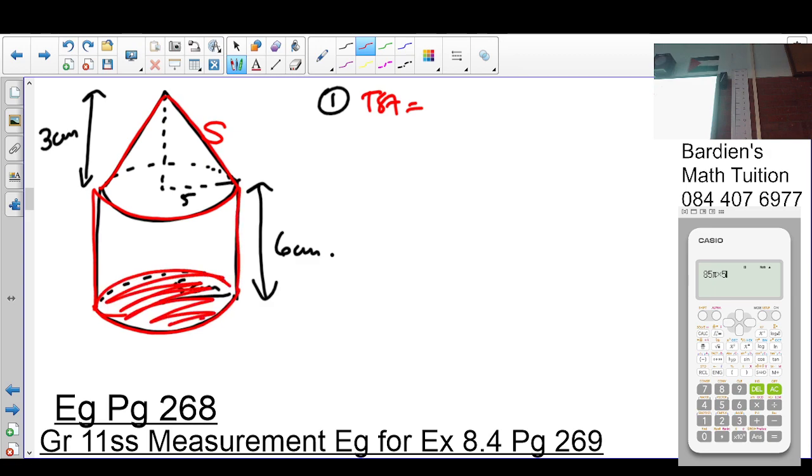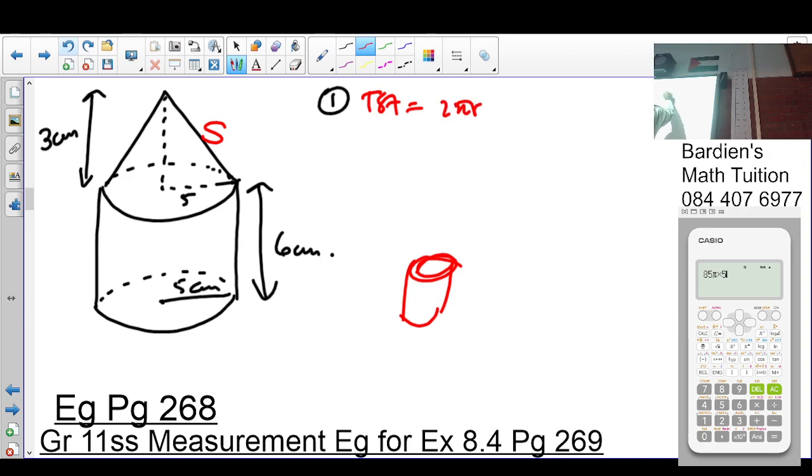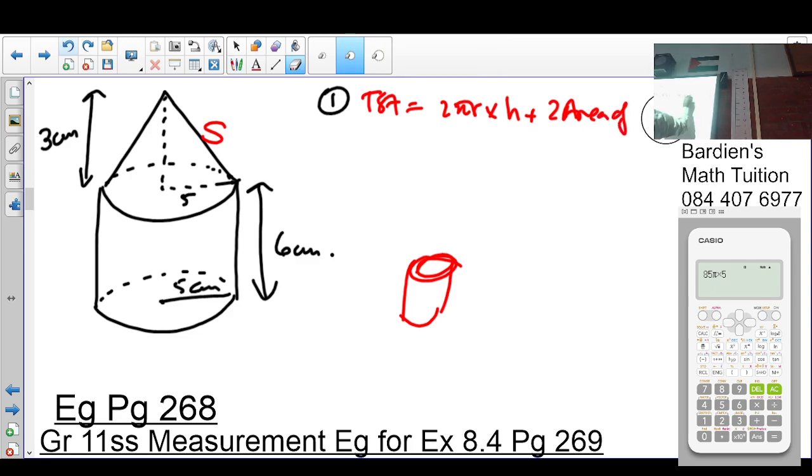Okay. So how do we calculate the total surface area of a cylinder? The external area of a cylinder is going to be perimeter of base, it's a circular base, so it's 2 pi r, times height, plus twice area of base. The area of this base is going to be pi r squared.